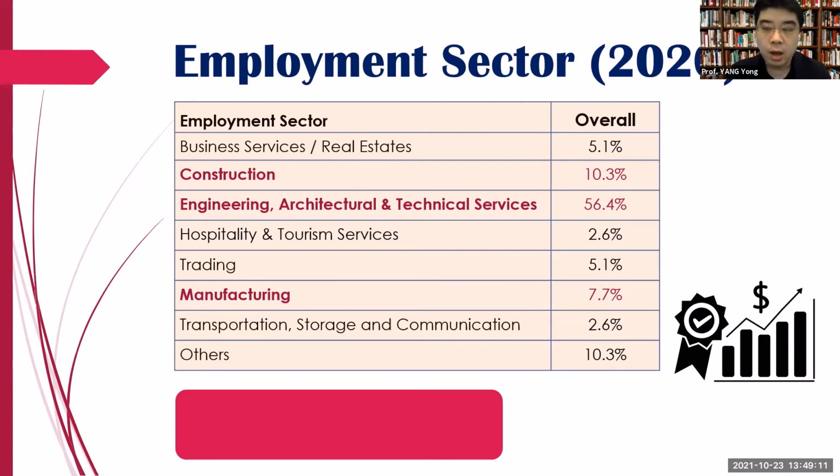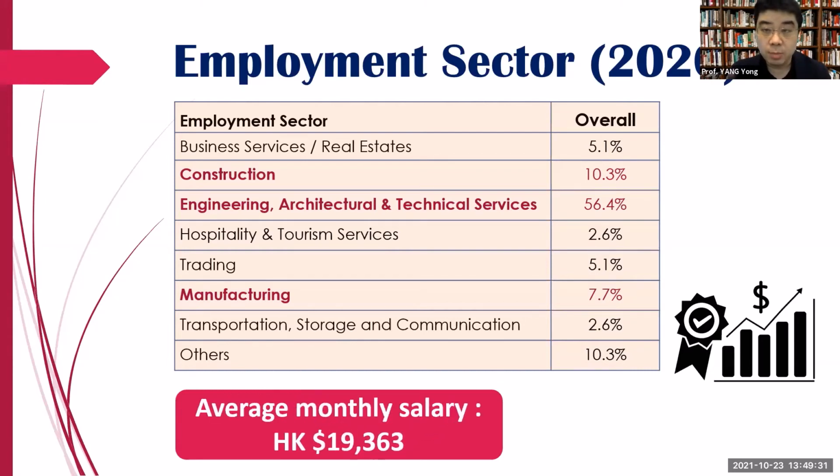About 2.6% will be hired into the hospitality and tourism services industries. About 5% in trading, 8% in the manufacturing industries, and 3% in the transportation, storage, and communication industries. So that's the breakdown of the data for this job market.